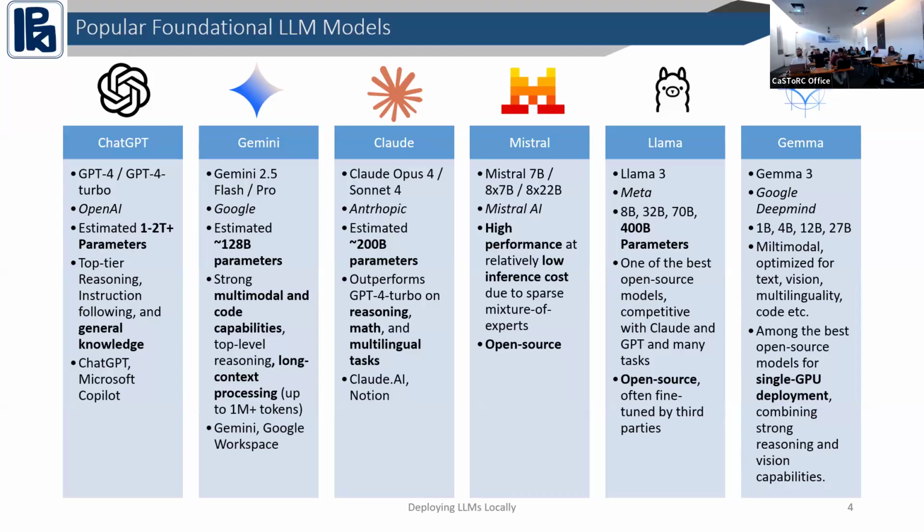The first three in this table are proprietary to OpenAI, Google, Anthropic, and so on. The other three are open source, so you can take the weights and use them wherever you want. These are usually used for fine-tuning third-party models and so on.